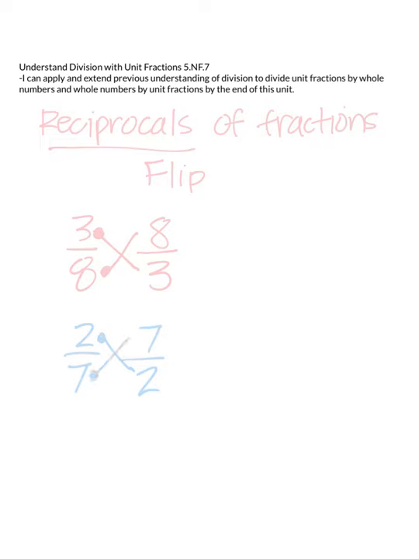I also want you to remember, when you multiply a fraction by its reciprocal, you will get 1. 2 times 7 is 14. 7 times 2 is 14, which is equal to 1.